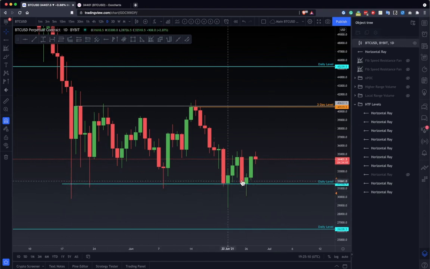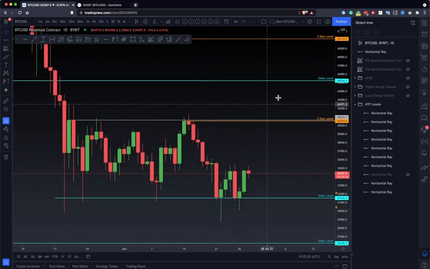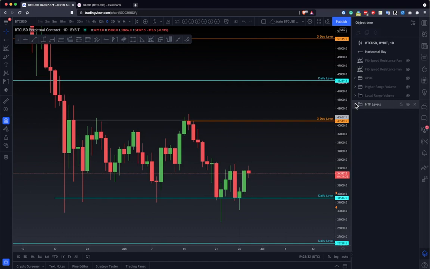You lost 5 times if you sold here. You lost 3 times, and even like here, it could have been a loss if you just bought to go up. So you have to be very careful with trading the range. You have to trade the range, not actually buy the breakout or anything else.